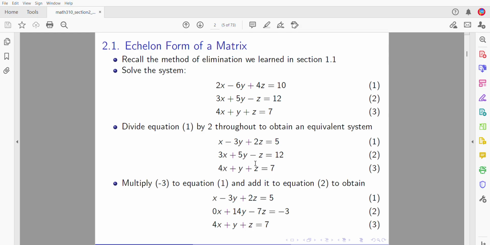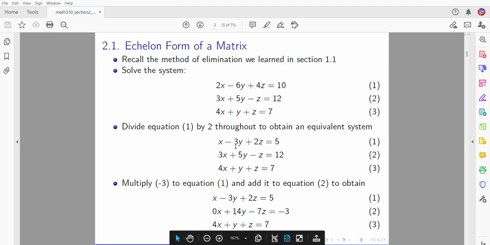Now, my goal is to get a 0 here and a 0 here. I multiply the first equation by negative 3 and add it to the second equation. So negative 3x plus 3x gets me 0 here.